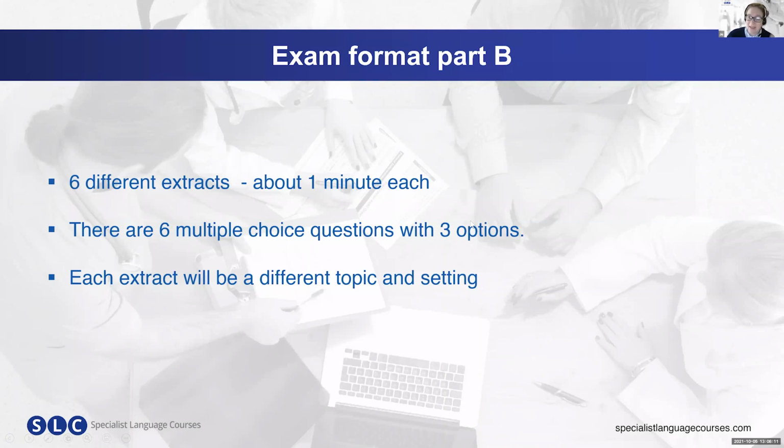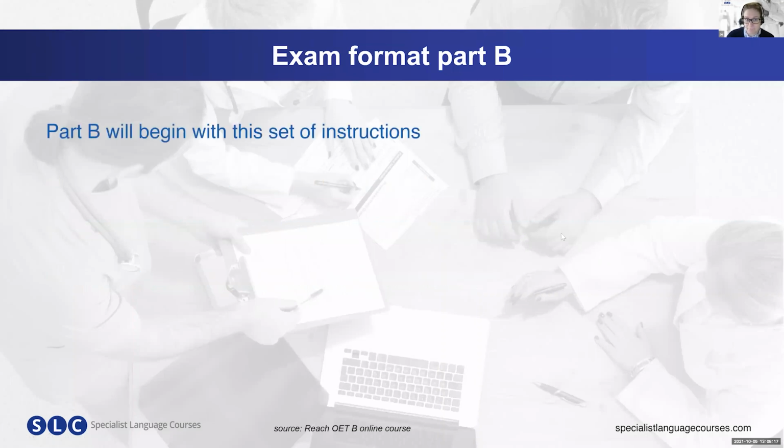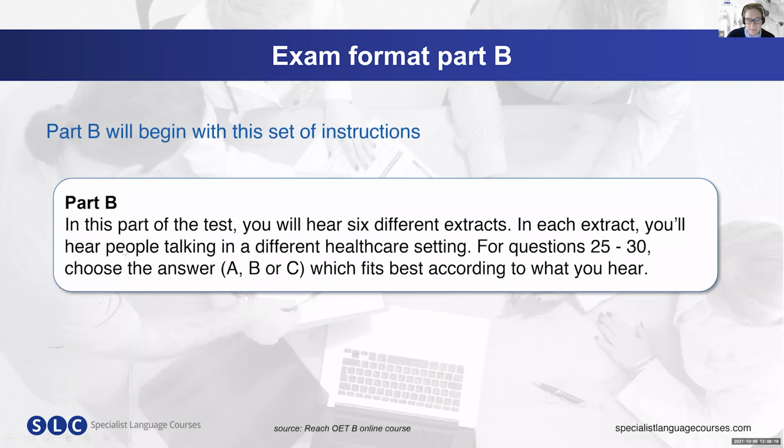Each question has A, B, C options, and each extract is on a different topic and setting. You always get the instructions to explain what's going to happen. This is for questions 25 to 30: choose the answer A, B, or C which fits according to what you hear.